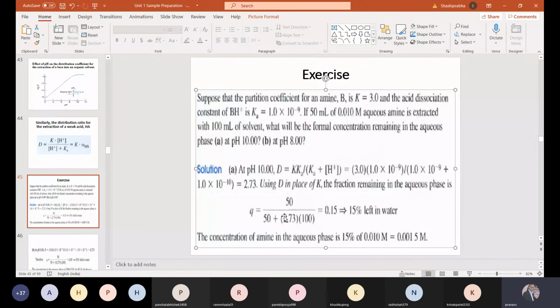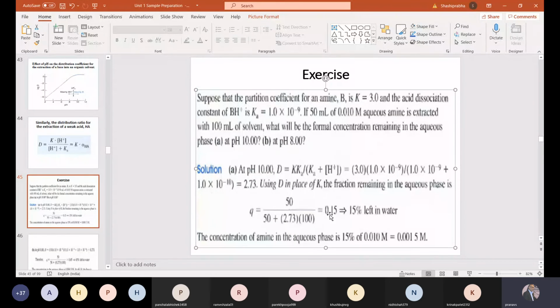We want to find out what concentration remains or what fraction remains. So instead of K, which is 3, but at pH 10, K is no more 3. K now becomes D, and D is 2.73.